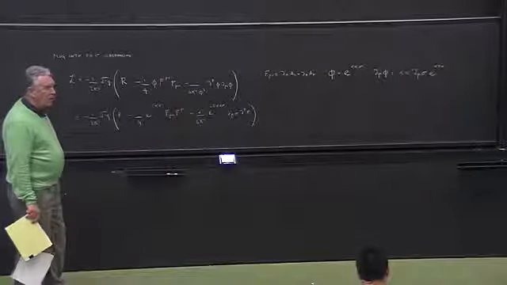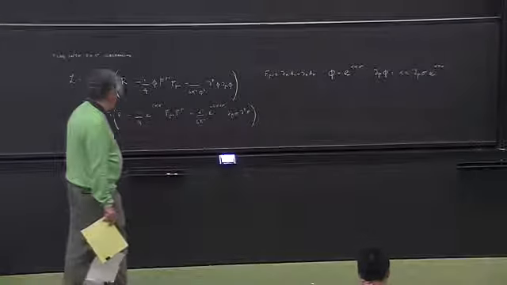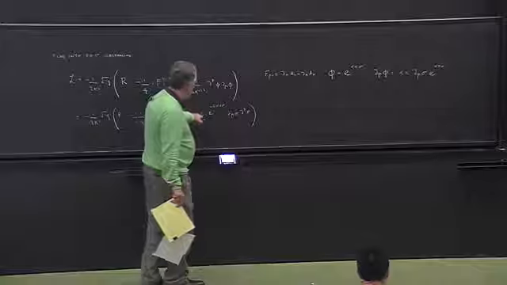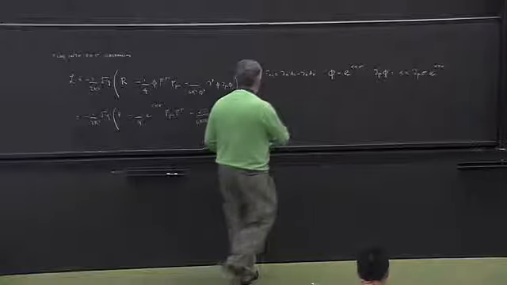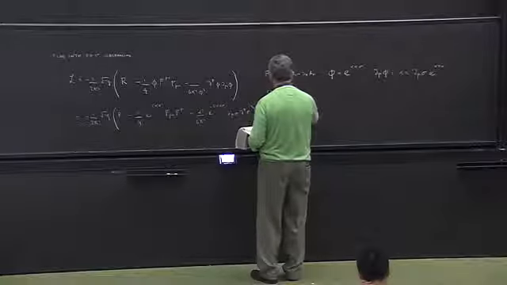Now if we want this to look like a canonical scalar field Lagrangian, this has to be minus 1/2. So we choose alpha squared equals 3.